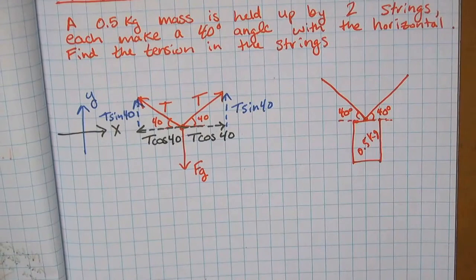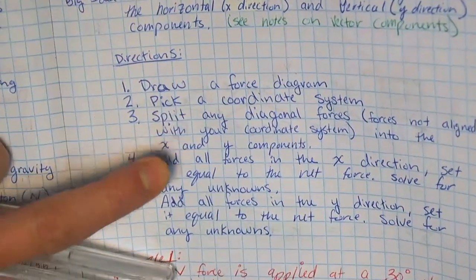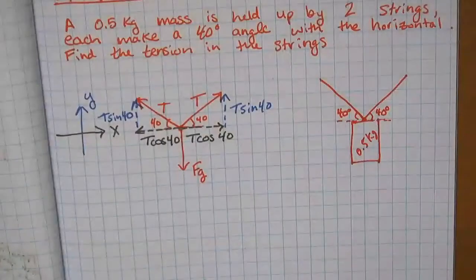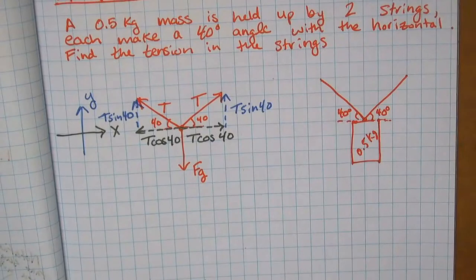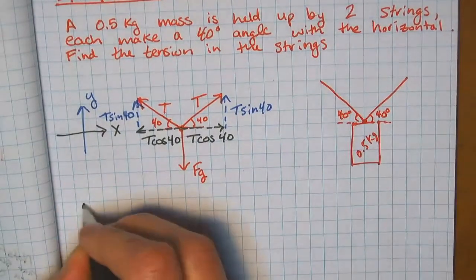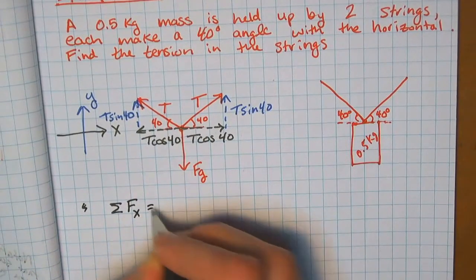Okay, so now let's take a look at our next step. Add all the forces in the x direction, set it equal to the net force, and solve for any unknowns. So let's do that. Next up is the sum of forces in the x direction.